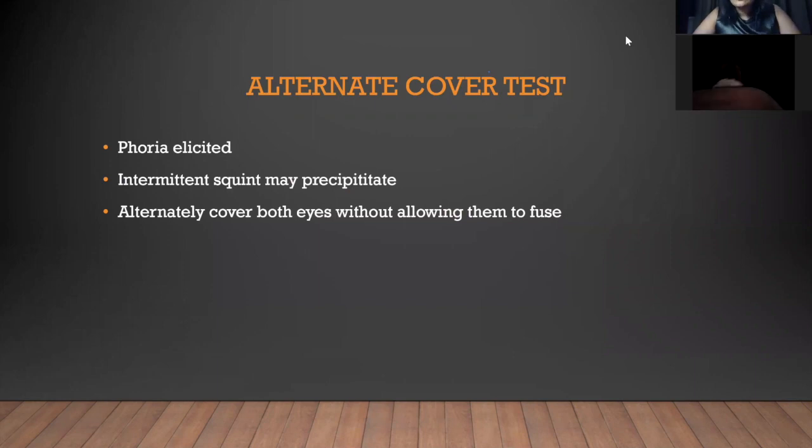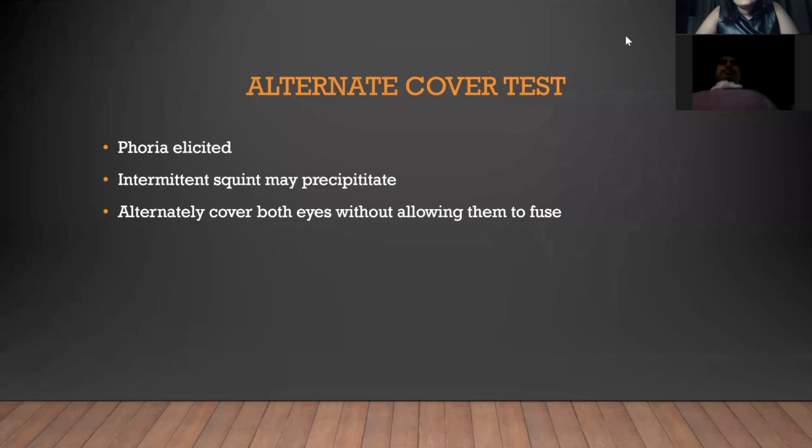Now we are going to go to the next examination, which is your alternate cover test. What the alternate cover test does is tell you the total amount of squint, that is tropia, your manifest squint, plus phoria, your latent squint. That is what you're going to elicit on your alternate cover test.